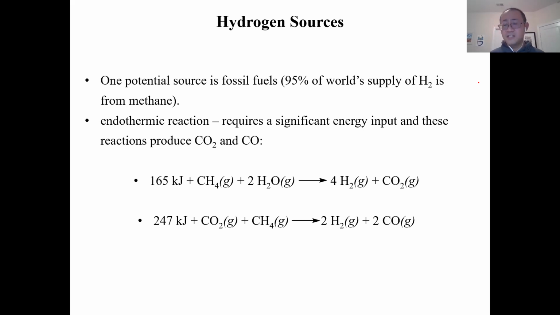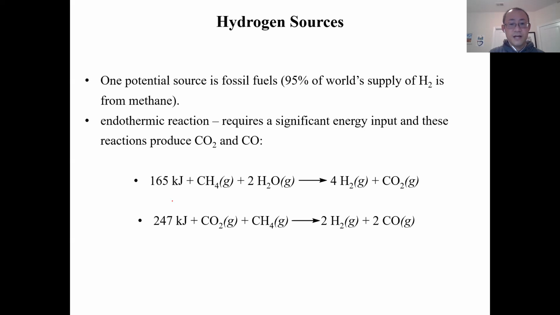And also this process is endothermic, meaning you need a lot of energy input to convert fossil fuels into hydrogen gas. That is one of the main challenges so far: the cost of hydrogen. Even if we're already using hydrogen in hydrogen cars, the cost of hydrogen is relatively high.